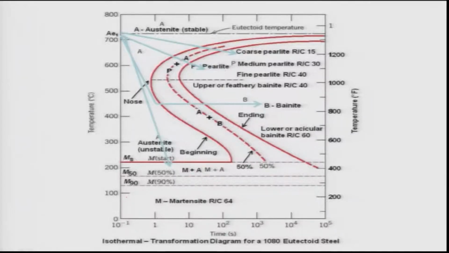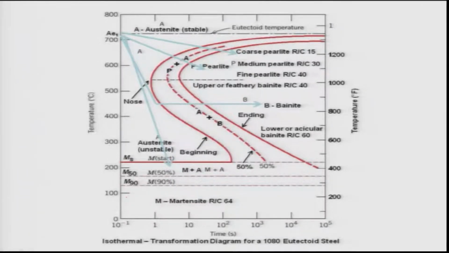Therefore the transformation from austenite to martensite is never complete, because the strain energy, which is a positive part of the energy, will be consuming part of the chemical free energy available for the transformation. And so once the strain energy is large enough to take over the whole chemical free energy available for the transformation, there will be no further transformation possible. That is why martensite transformation is never complete.